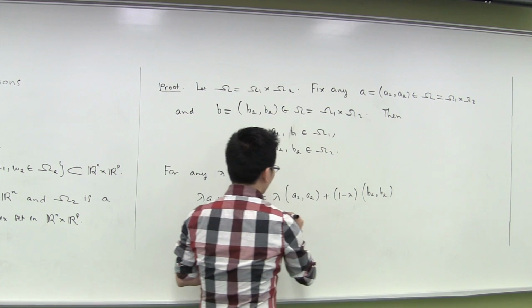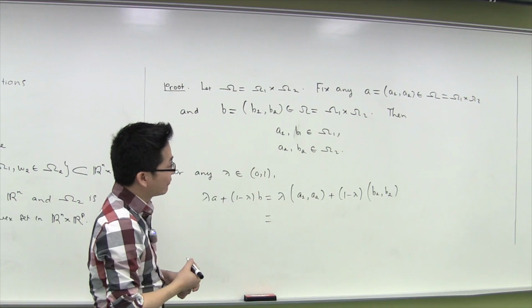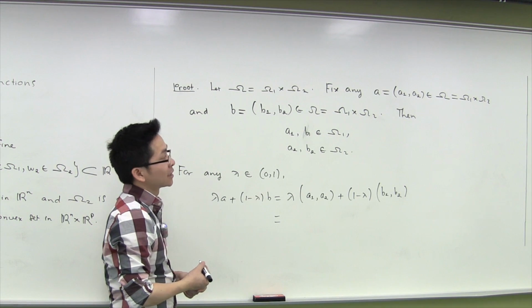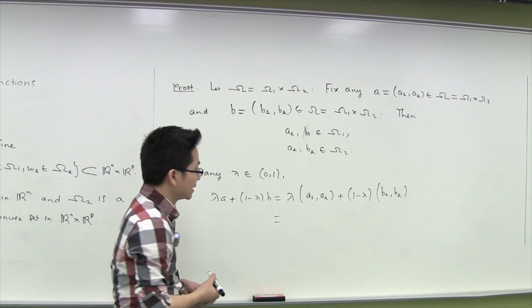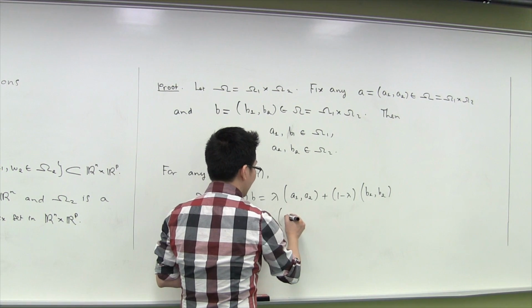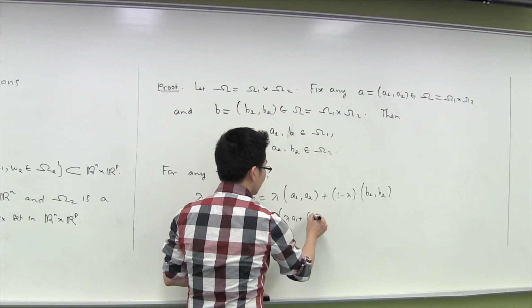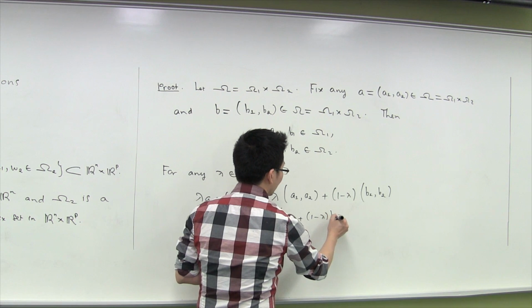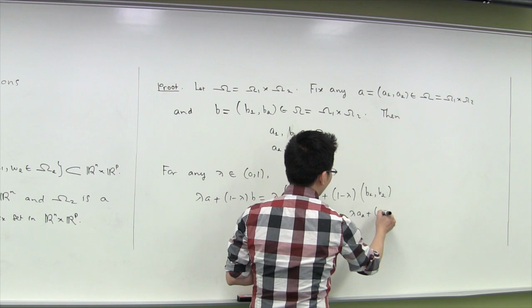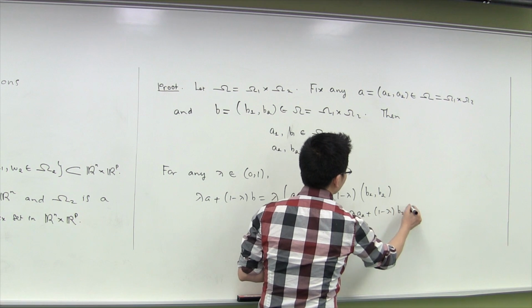Now, by the definition of the addition in Rn times Rp, we can easily see that this is just (lambda A1 plus (1 minus lambda) B1, lambda A2 plus (1 minus lambda) B2).